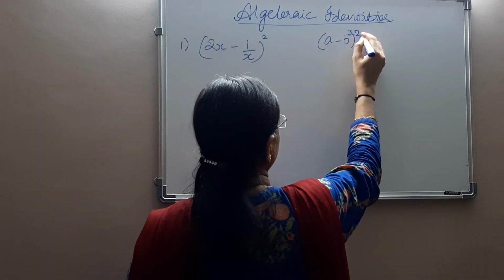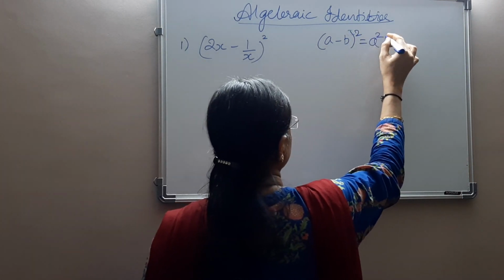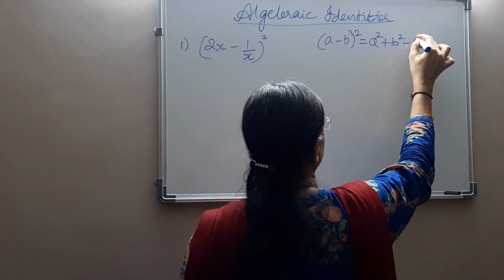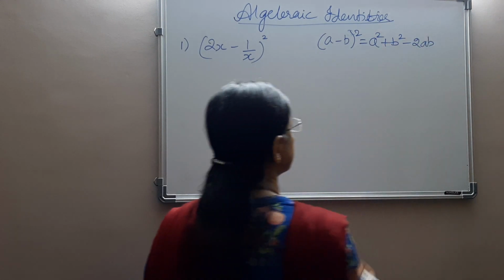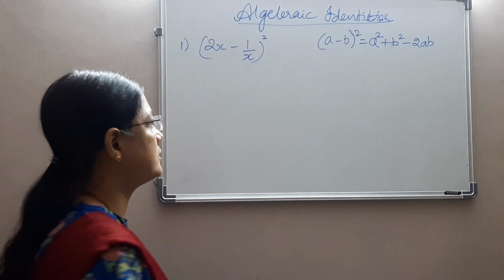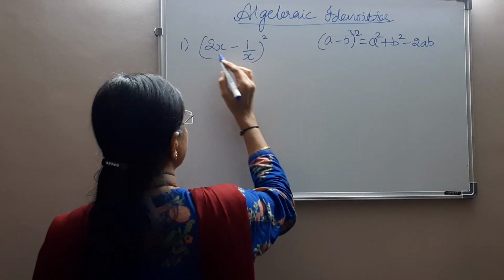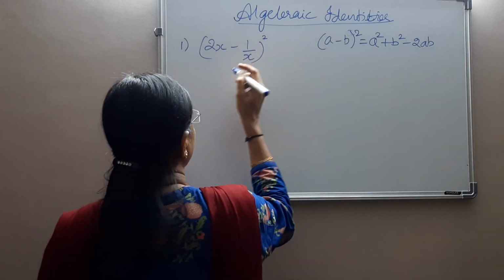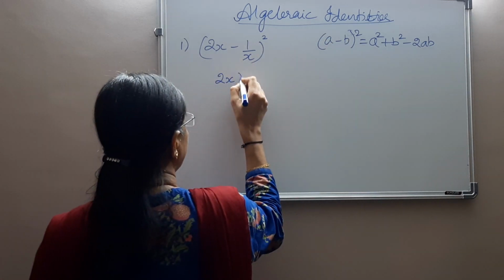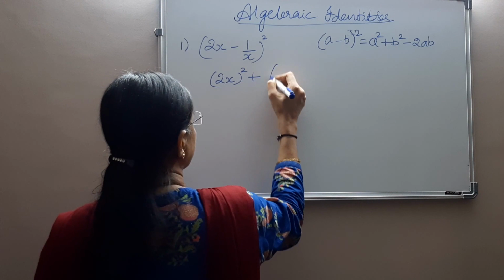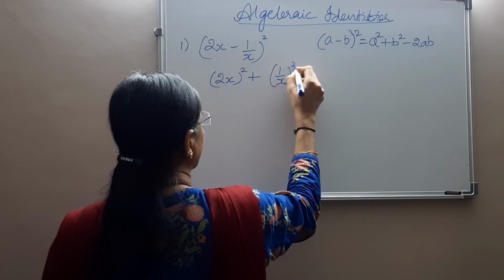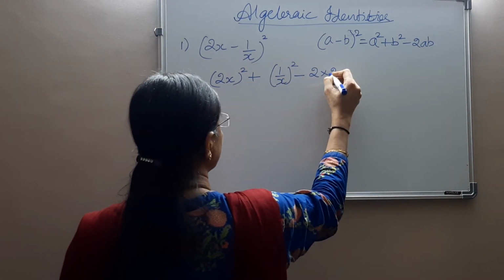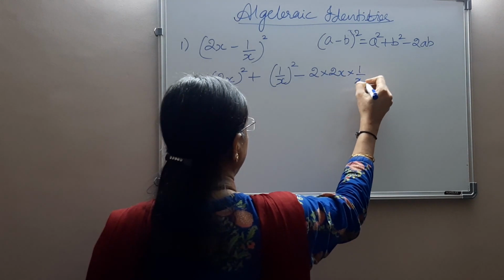I do the expansion here so that I can avoid mistakes by writing the identity it follows. Now a is 2x and b is 1 by x. So a square plus b square minus 2 into a into b.